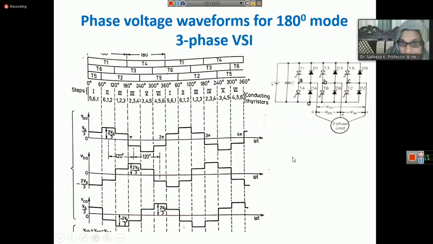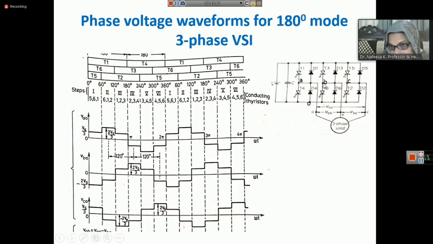The easy method: if you are finding T1, T6, T5, there will be 2 positive thyristors, that is T1 and T5 from the positive group, and T6 from the negative group. That means the complete VS voltage is given to this equivalent circuit. T1 and T5 are connected to the positive side of the DC side, and the negative side is connected with the bottom thyristor T6.